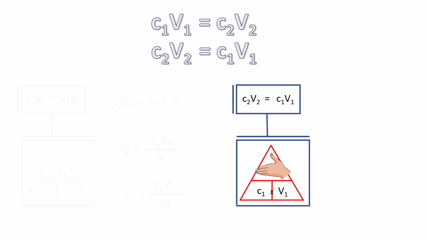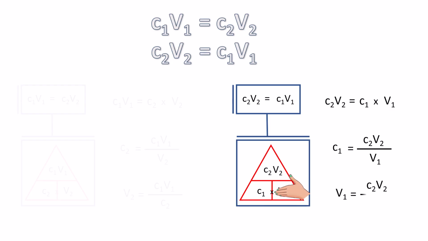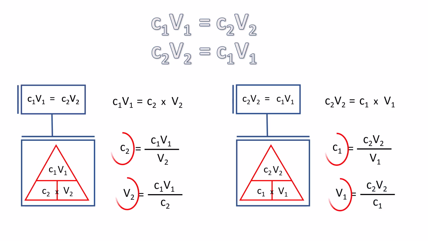Cover C2V2 to give C2V2 is equal to C1 times V1. Cover C1 to give C1 is equal to C2V2 over V1. Cover V1 to give V1 is equal to C2V2 over C1. Using this hack, a student can easily isolate any of the 4 variables as required.